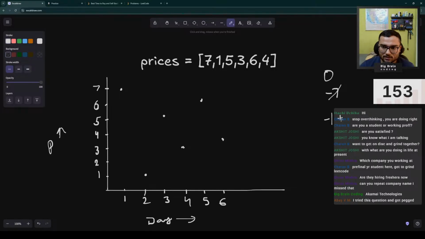So I add 5, I get my profit as 4. I keep a max profit global variable up here. It becomes 4. Right? Then the day I sell at 5, I cannot buy at 5 again because that doesn't make sense. Then I can either keep -1.